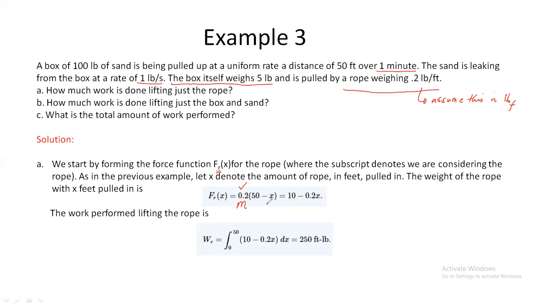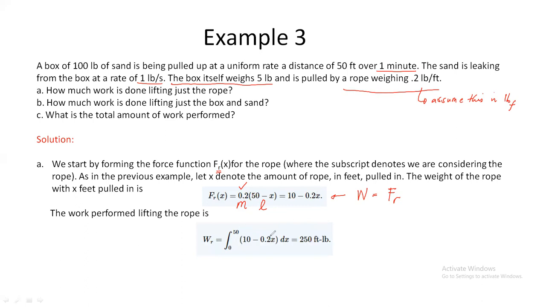So this is the length remaining. This is not the displacement, I'm sorry, this is the length of the rope that is remaining. So this is now the weight, which is the force due to the rope only. If you distribute the 0.2 to the 50 minus x, you will have 10 minus 0.2x.